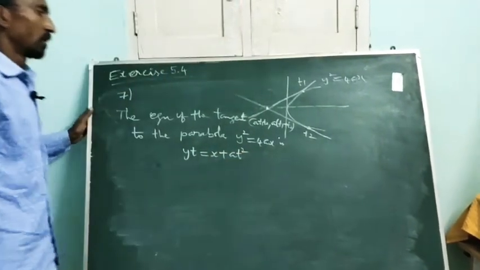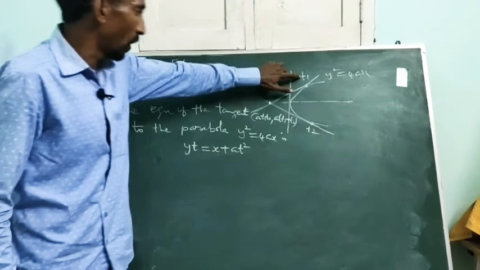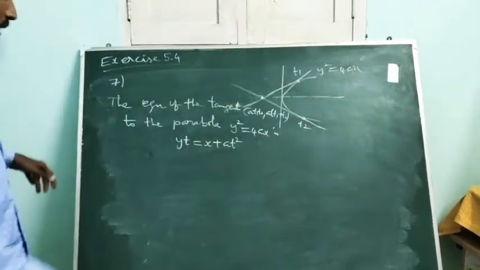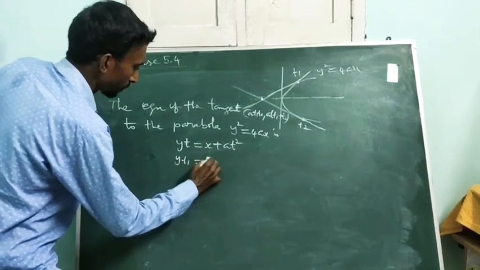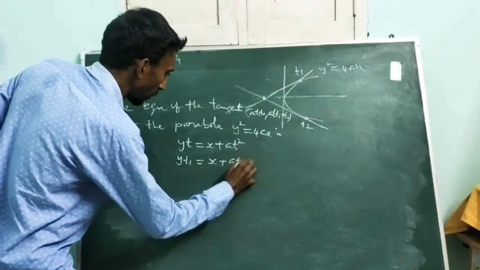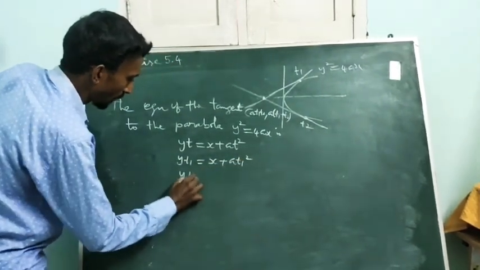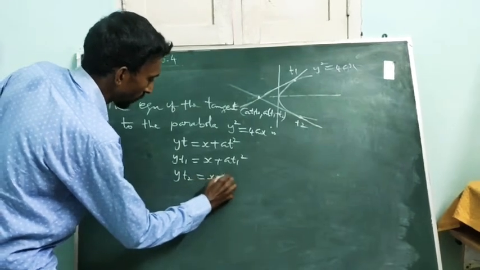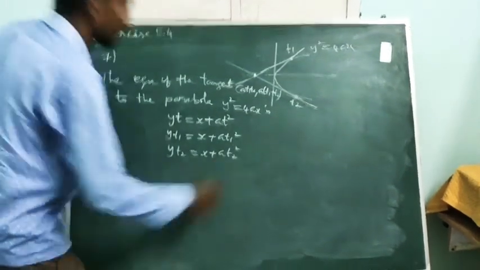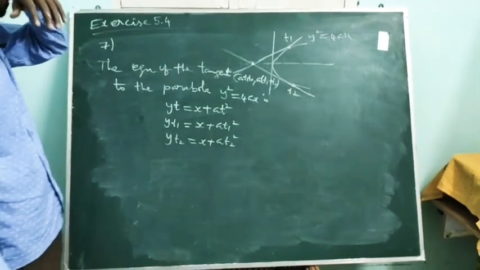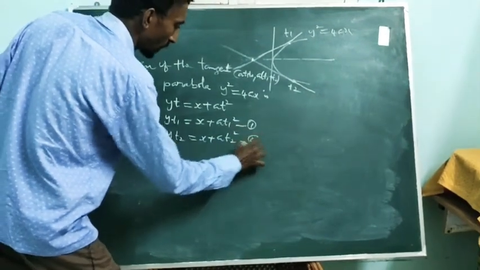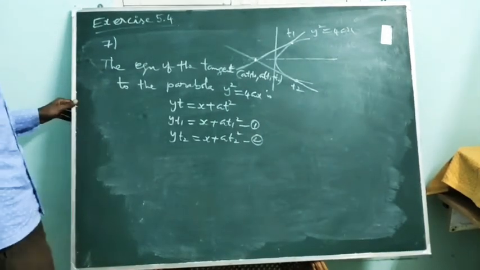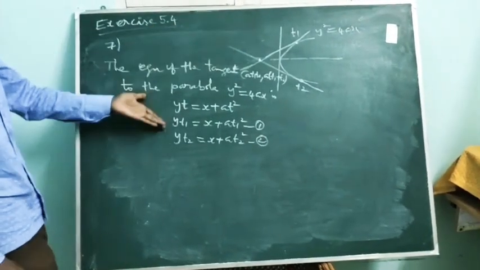So t1 t2 both satisfy this tangent, so we are getting yt1 equal to x plus a t1 square. Similarly yt2 equal to x plus a t2 square, because both are satisfying the equation of tangent. Consider this equation 1 and equation 2. Solve both the equations, we are getting the point of intersection as usual.